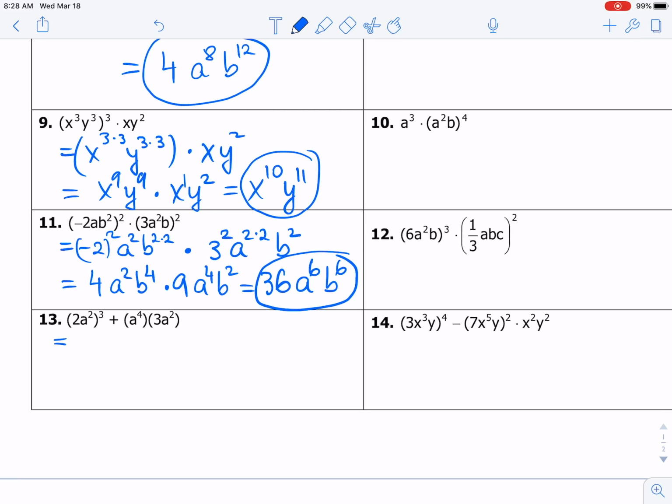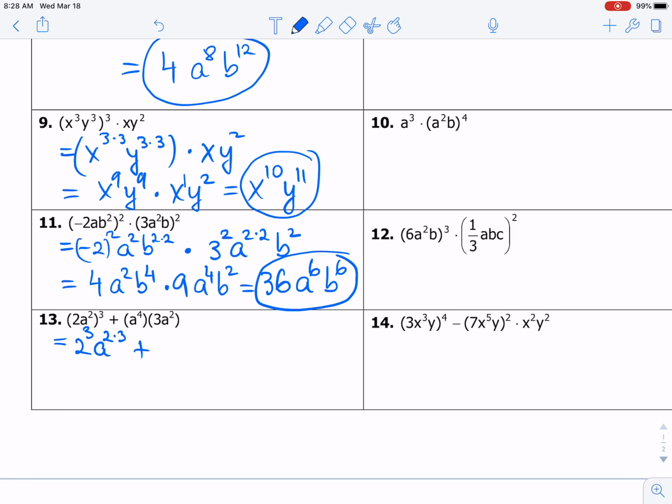So now we have an addition of monomials combined with some multiplication too. So let's look at the first one. I have 2a squared, quantity raised to the 3rd power. So this is going to be 2 cubed, a to the 2 times 3. And the second one is a multiplication of monomials.